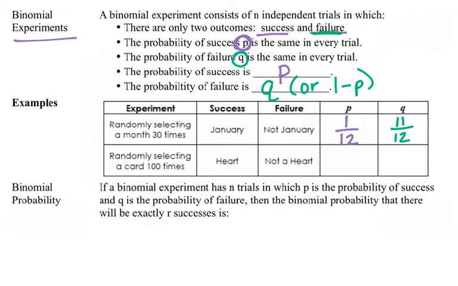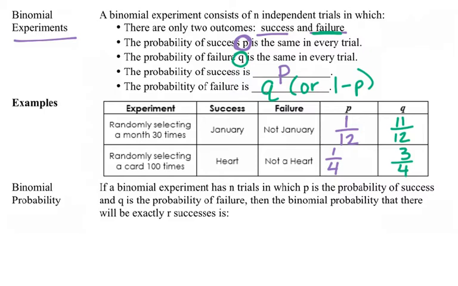Okay? The next one, randomly selecting a card 100 times. A success would be if it's a heart. So, remember that there are 4 suits, 1 out of 4. And then my failure would be 1 minus 1 out of 4, which is 3/4. So that's what I'm talking about when I talk about success and failures.